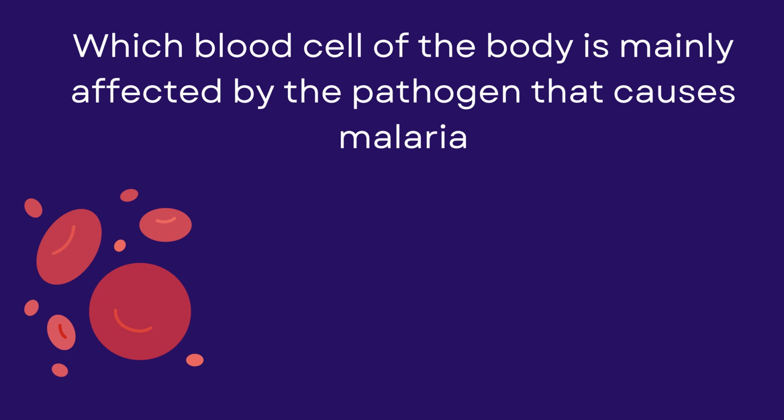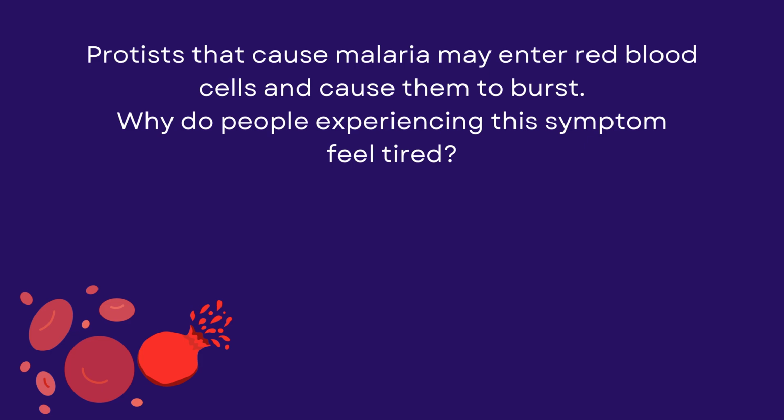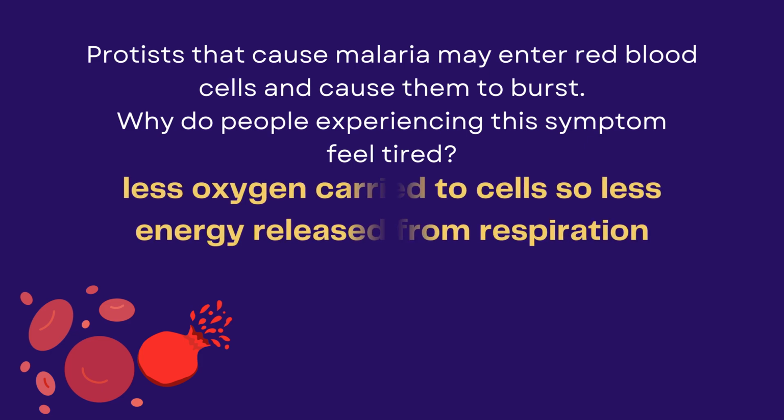Which blood cell of the body is mainly affected by the pathogen that causes malaria? Red blood cells. Protists that cause malaria may enter red blood cells and cause them to burst. Why do people experiencing this symptom feel tired? Less oxygen carried to the cells, so less energy released from respiration.